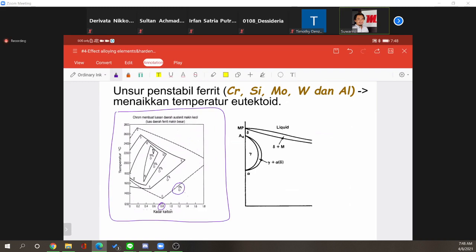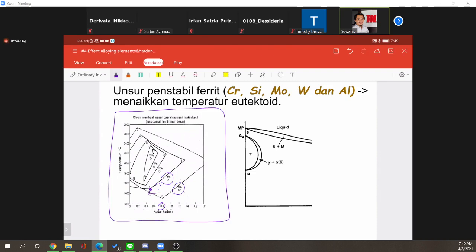However, if you add 5% chromium into the steel, as an alloy element, what happens now? Now the eutectoid is shifting to the left and going up. So now the eutectoid point is here. This is the meaning of stabilizing ferrite.